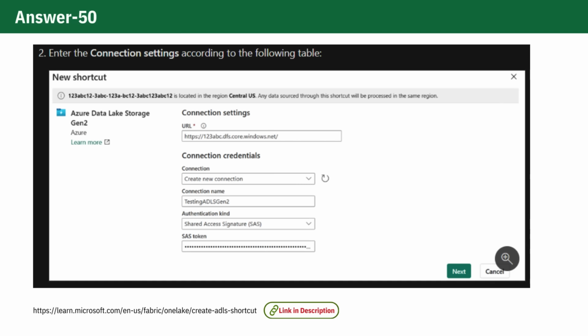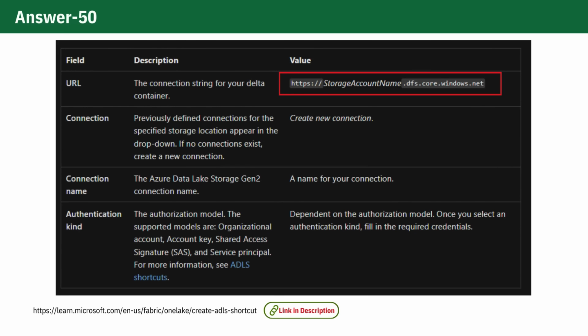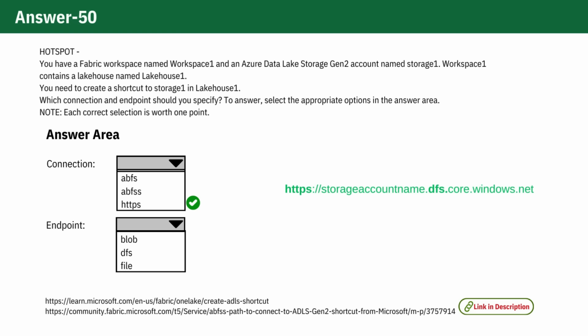This preference is supported by documentation and likely stems from specific compatibility or configuration needs within the Fabric platform. As this technology evolves, Microsoft may address these issues, so it's wise to stay updated. For now, based on the current guidelines and the date of this video, HTTPS remains the recommended choice.